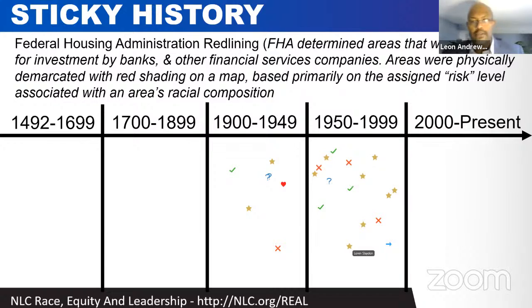It looks like the majority are in the 1950 to 1999. Redlining actually started in 1934. It went into the 60s, but it started in 1934.